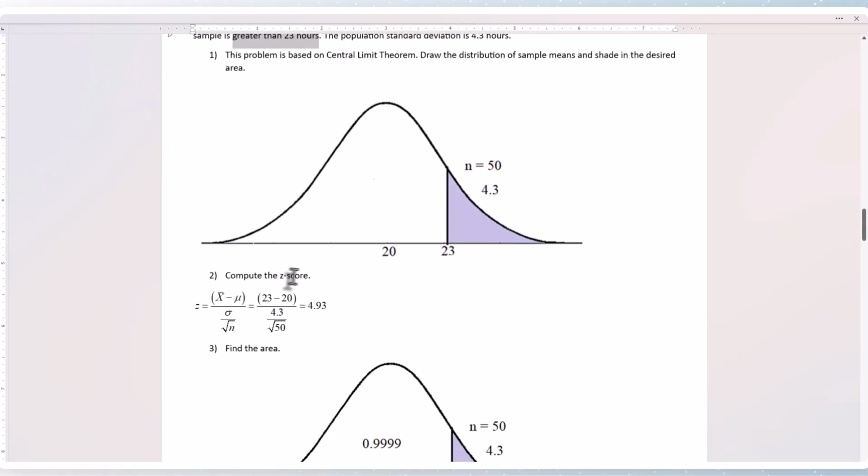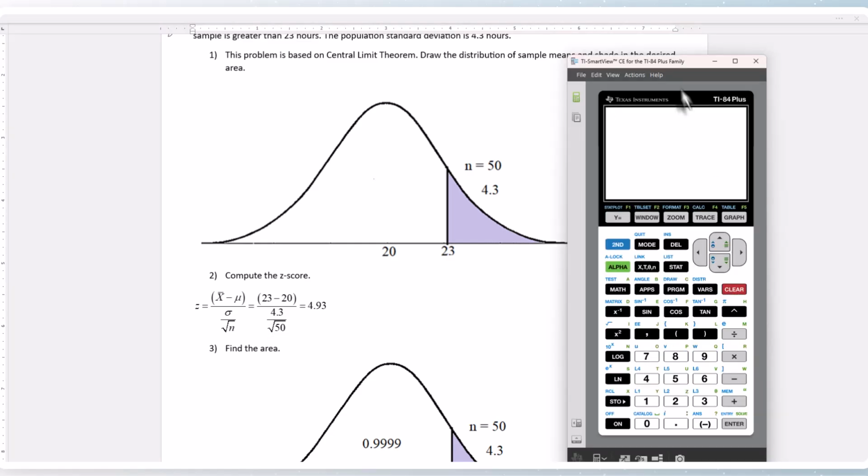Now to calculate the z-score, we have to use the z-value for the central limit theorem. So it's the sample mean, which is 23, minus the population mean, 20, divided by the standard deviation 4.3 over the square root of 50. So I'm going to key that into the calculator.